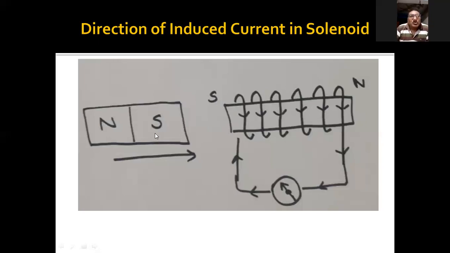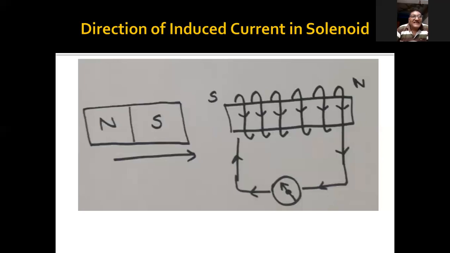To oppose the approach of this south pole, here a south pole will be induced. This south pole will repel this south pole. This south pole will try to stop this south pole, which is trying to come near it.